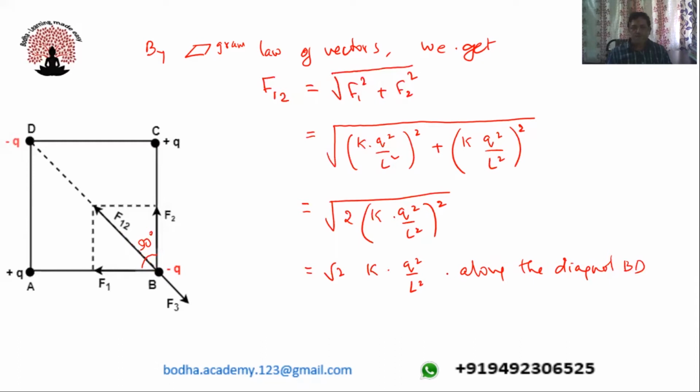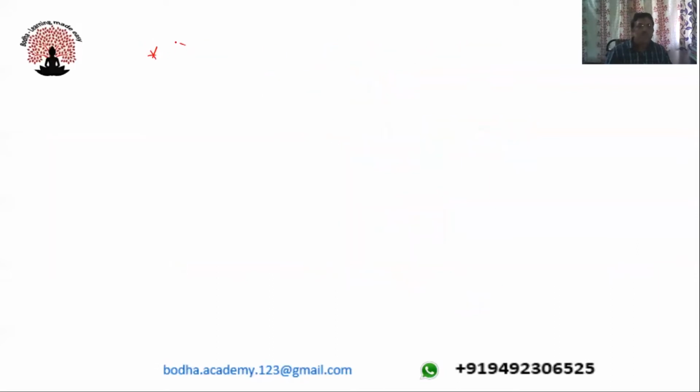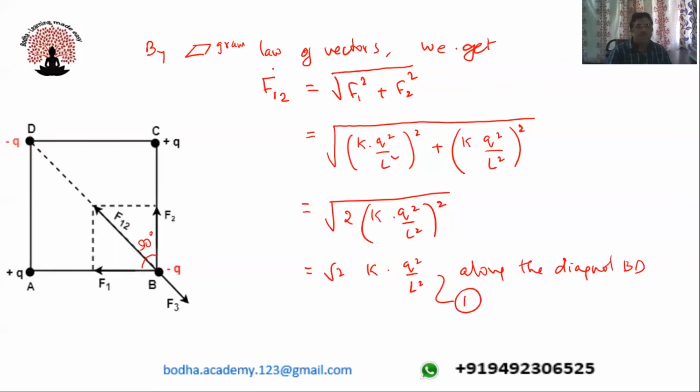So let me call this force equation 1. Now there is one more charge left, the charge at D. We are supposed to consider the force between the charge at D and the charge at B. These two are like charges, hence they will repel each other. Hence the force acting on the charge at B is given as F3 is equal to K into Q square by the distance between the charge at D and the charge at B. It's nothing but the diagonal BD.